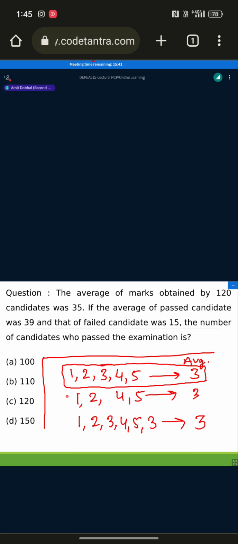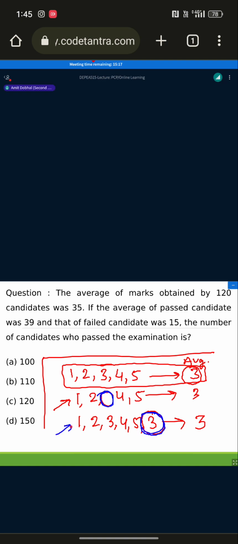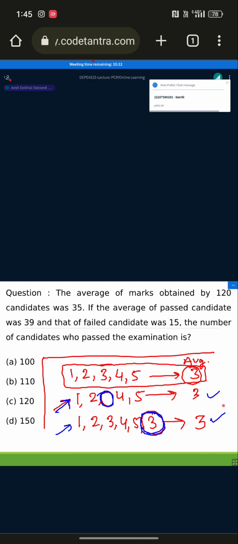अगर मान लो किसी सर्टेन ग्रुप का एवरेज कोई नंबर है, ठीक है, there is an average of a certain group. If that average is excluded from the group और included into the group, can you see it? अगर किसी ग्रुप के एवरेज को मैं उस ग्रुप से रिमूव कर दूं, यहां देखो, या फिर उस एवरेज को इंक्लूड कर दूं, so there is no effect in the average. Is that okay?